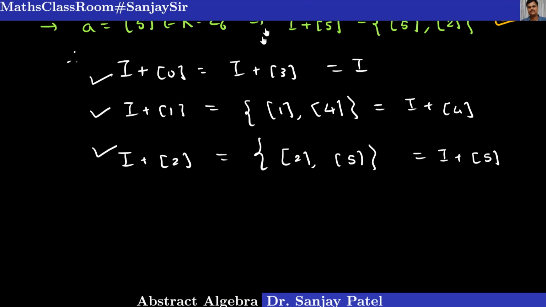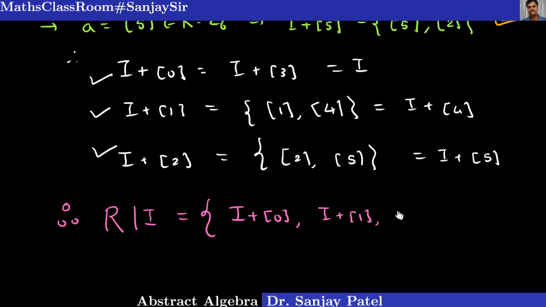Therefore the quotient ring R mod I is the set of all distinct cosets, that is I plus class 0, I plus class 1 and I plus class 2.